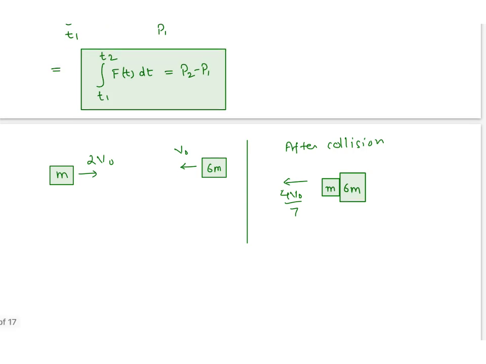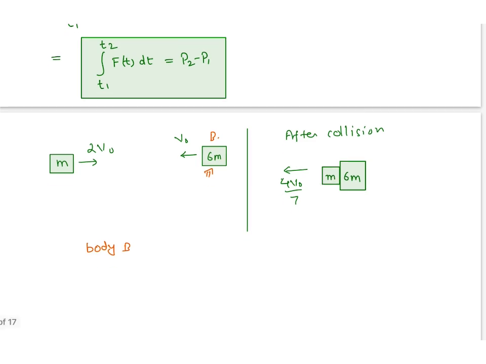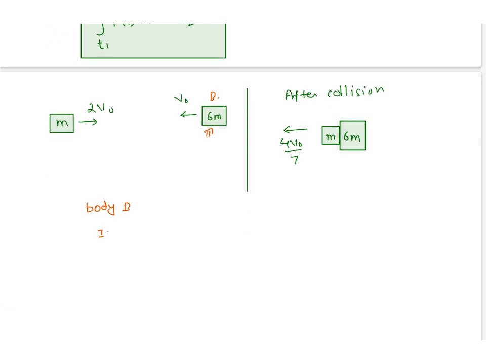Now we will apply this basic formula to obtain this Fmax. Our body is this B. So what is the initial momentum of B? Initial momentum will be equal to 6m v naught, but of course with a negative sign. Mass into velocity, but a negative sign because it is moving towards the minus x direction. Sign convention we have already discussed.